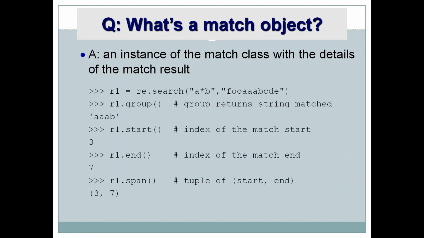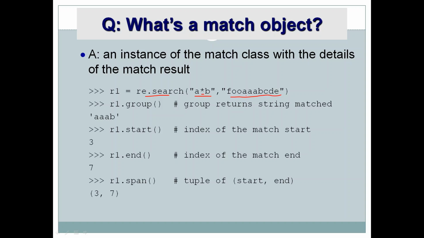Look at one more example over here. We have re.search, and we are searching for a*b. Again, the meaning of star is 0 or more occurrences of the last character, and the last character here is a. And the search string is this. Search in this for the pattern a*b.